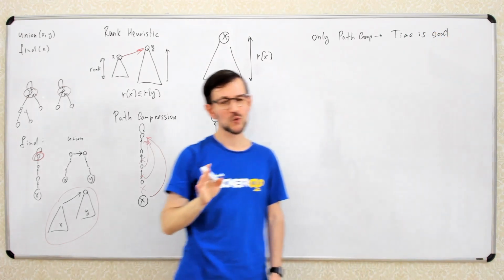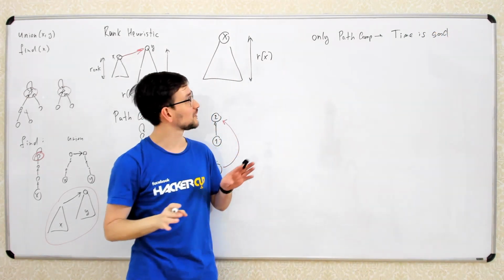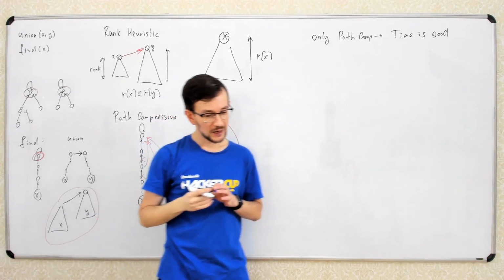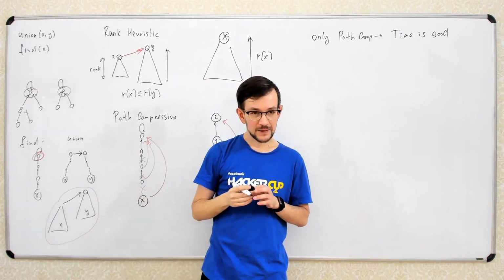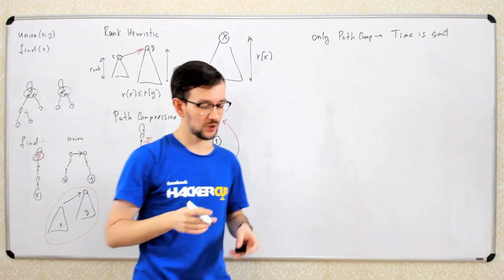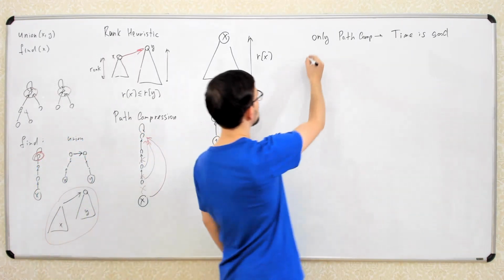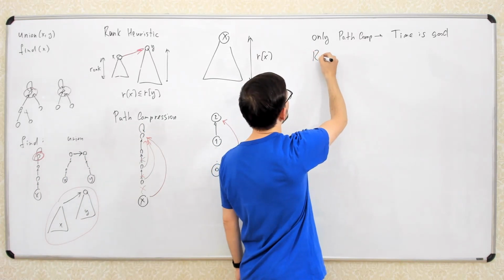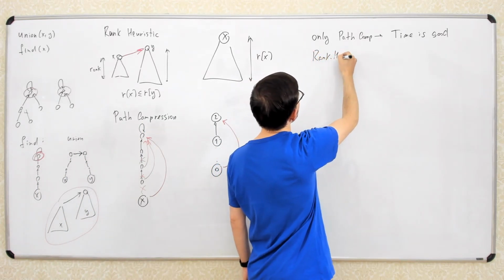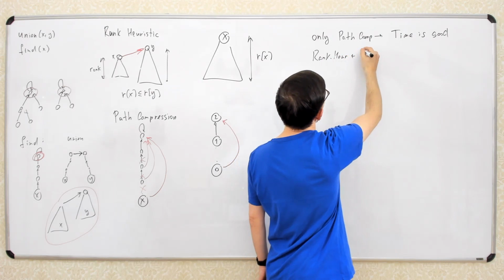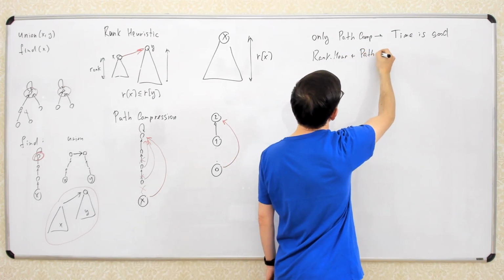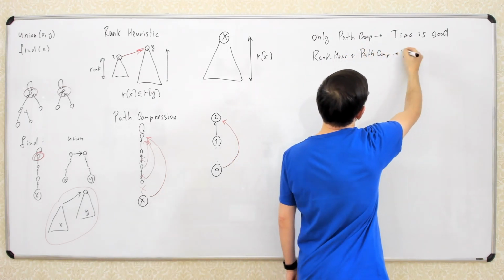What is good, we will talk about a little bit later. And the second thing we will learn is that if you apply both heuristics, rank heuristic plus path compression, then the time is even better.